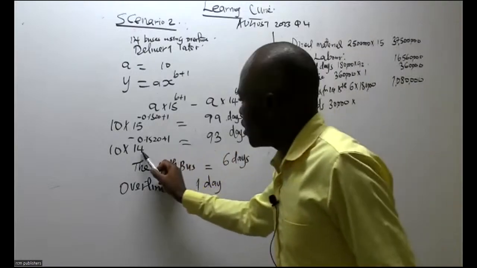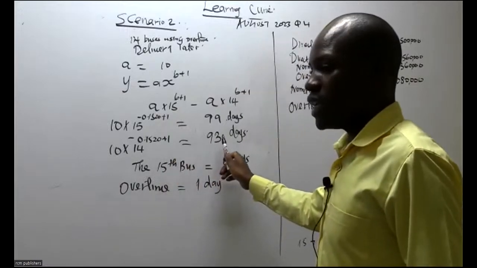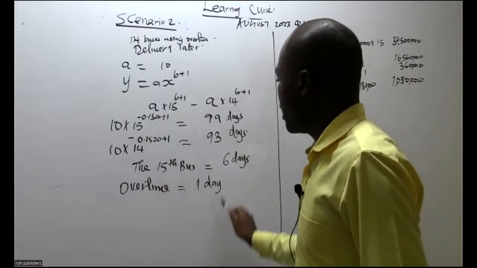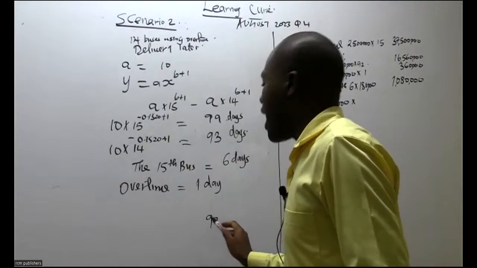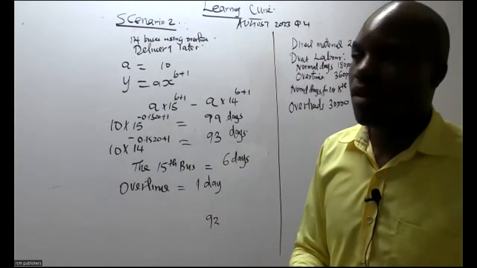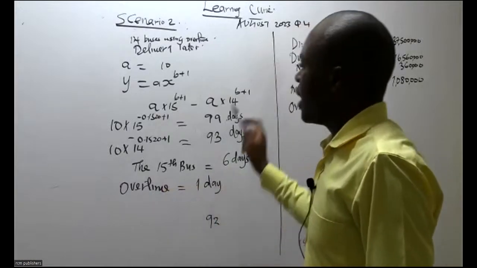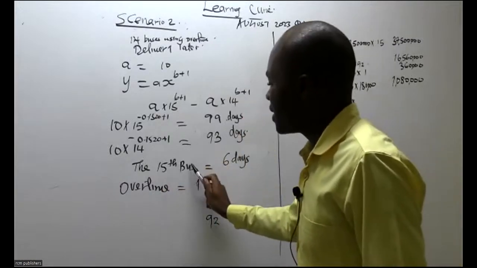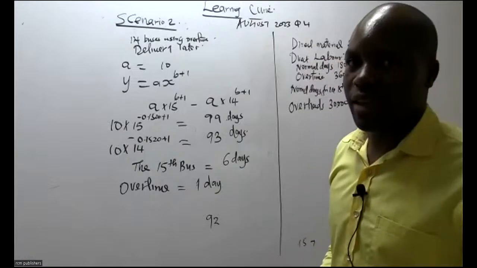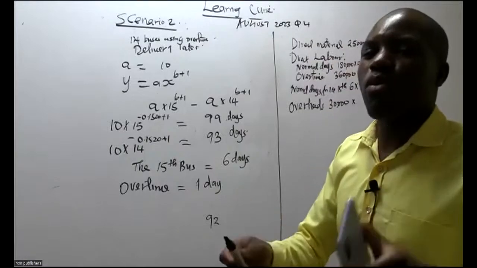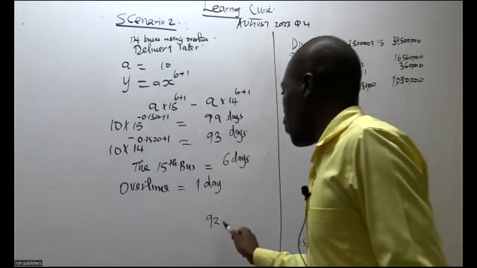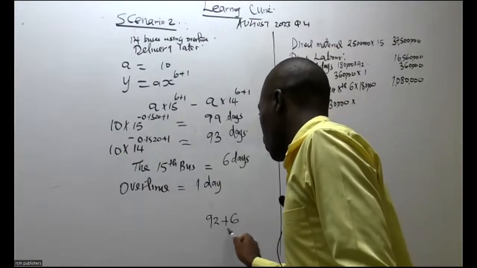The first 14 they produced within 93 days. Out of 93, 92 are normal working hours. One was the overtime. The last bus, the 15th bus, they took 6 days, and these 6 days were their normal working days. So how many days do we have in total?